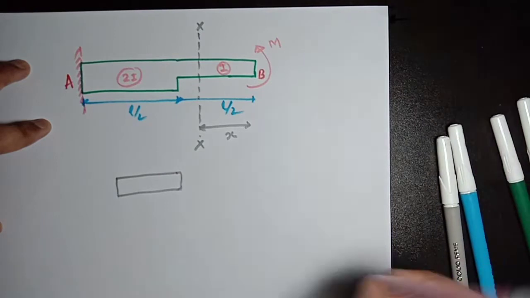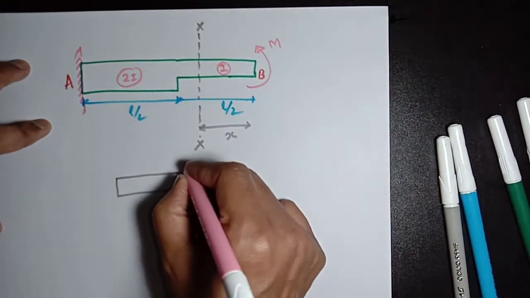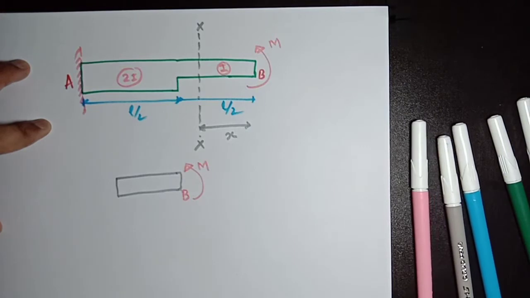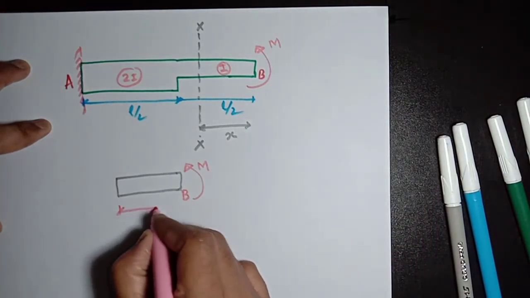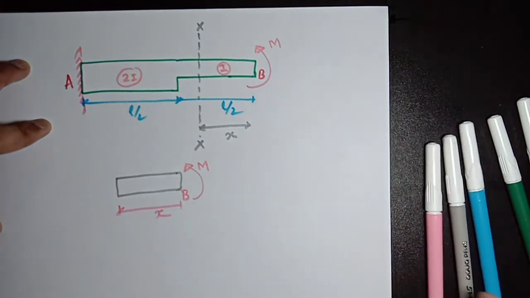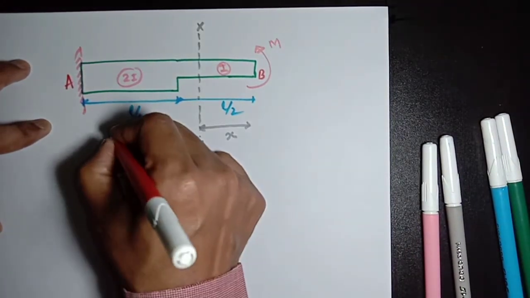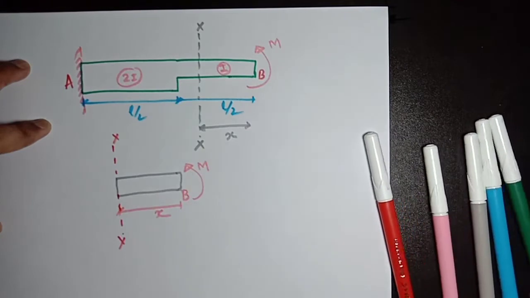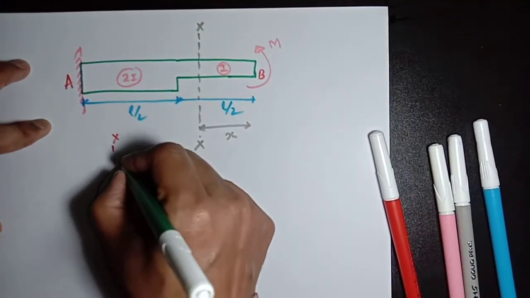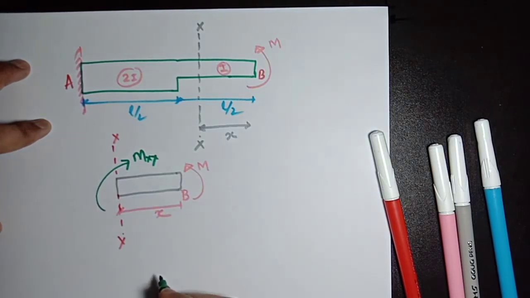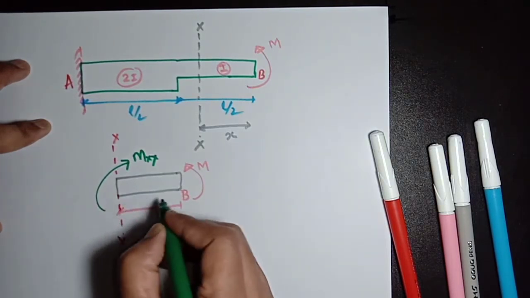This point is B, applied with a concentrated moment of value M, and the length of this beam is x, and the section is XX, and we are going to find the bending moment at section XX, which is Mxx. Let's take a point C here.